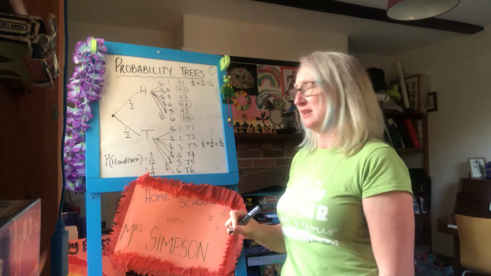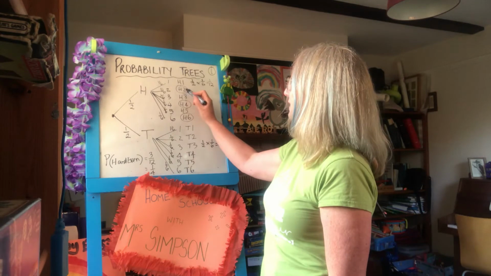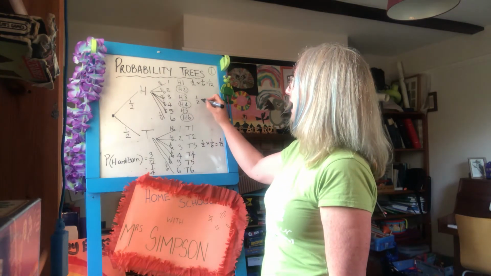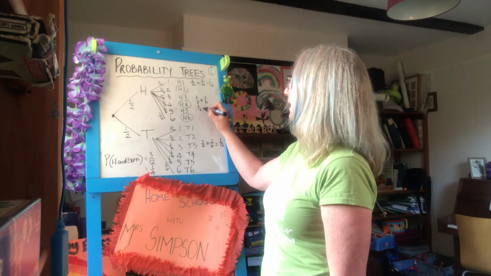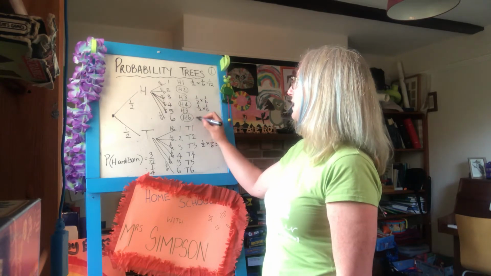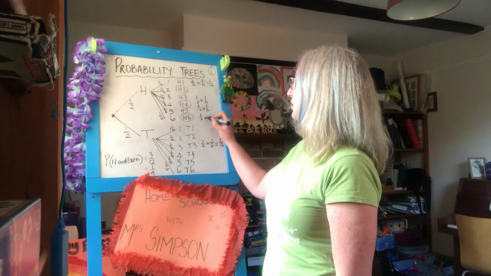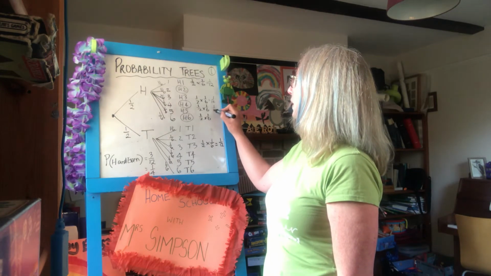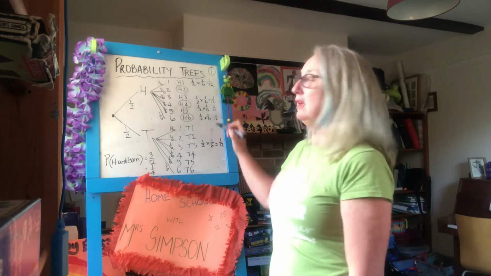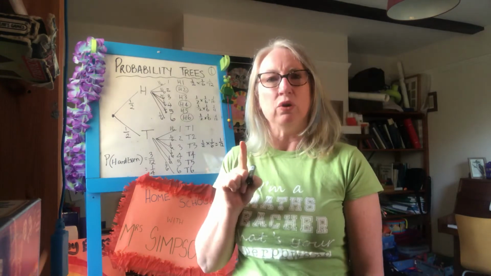How to do it using simple maths, we'd use heads and a 2, which is a half times a 1/6. Heads and a 4 is also a half times a 1/6, and heads and a 6 is also a half times a 1/6. So we have a 1/12, a 1/12, and a 1/12. These are all or.